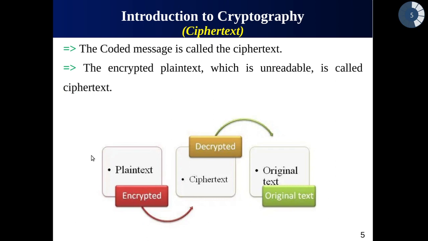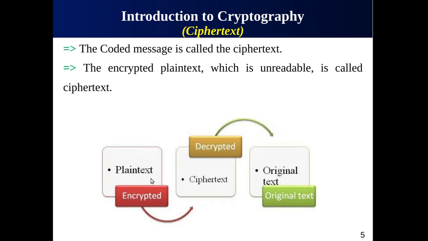On the other side, we have ciphertext. Now, this is the coded message. This is the encrypted message, or this is the encrypted plain text, and it is going to be in unreadable, ununderstandable form. In short, you can say that the encrypted plain text which is unreadable is known as ciphertext.